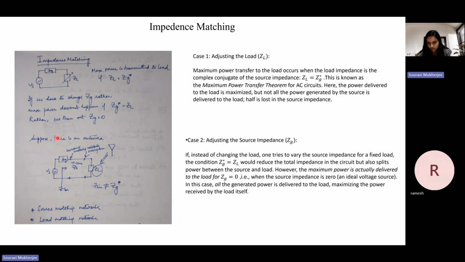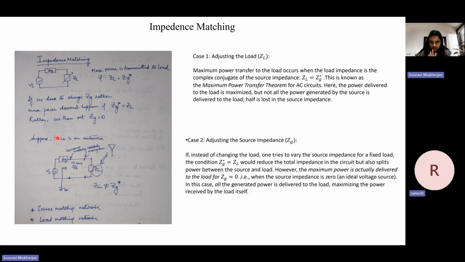Then again at the load end, it should match with ZL. That is required for the maximum transfer to happen. So no reflections are there, so that's a good transmission line. There will be no reflection.